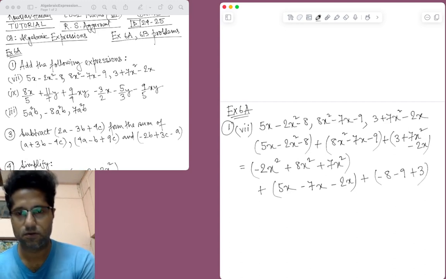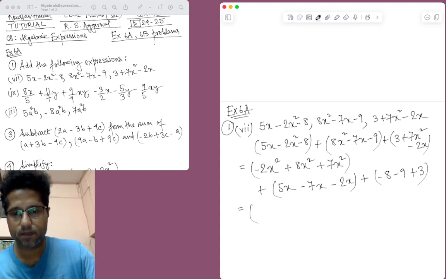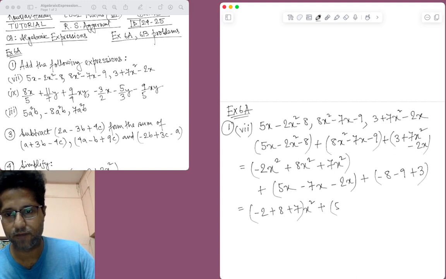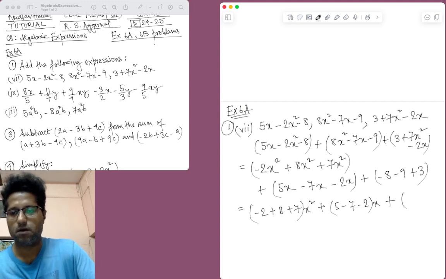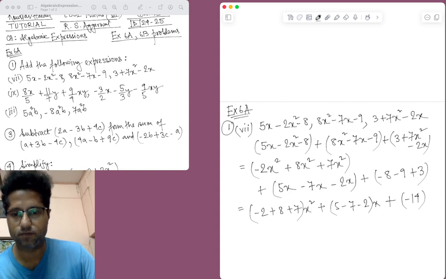So now if we add the like terms, we get minus 2 plus 8 plus 7 x square plus 5 minus 7 minus 2 x, and this is minus 17, that is minus 14. Minus 17 plus 3 is minus 14.